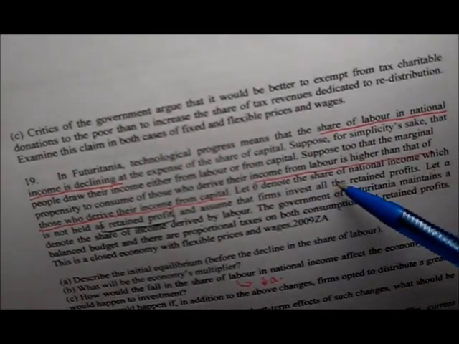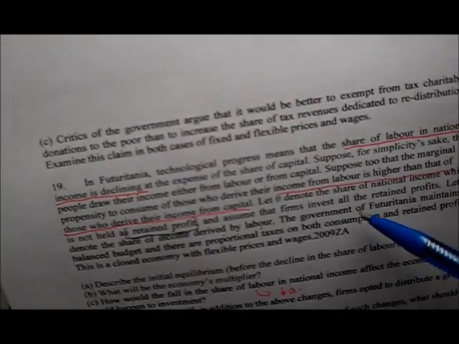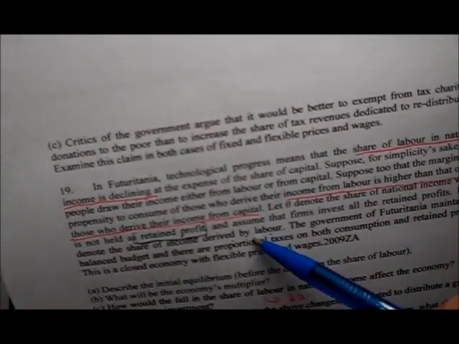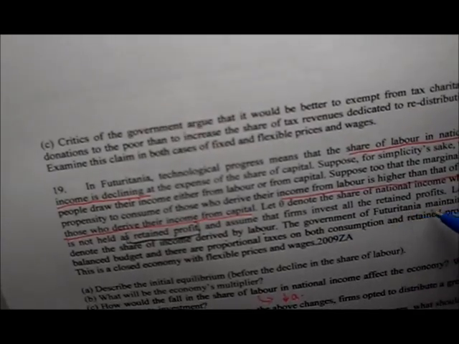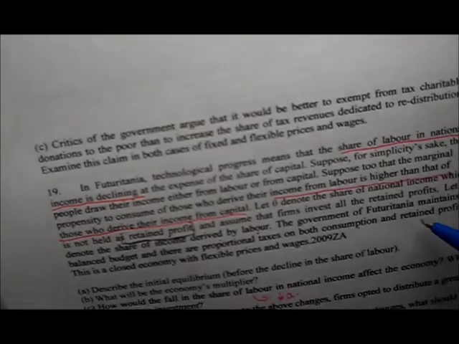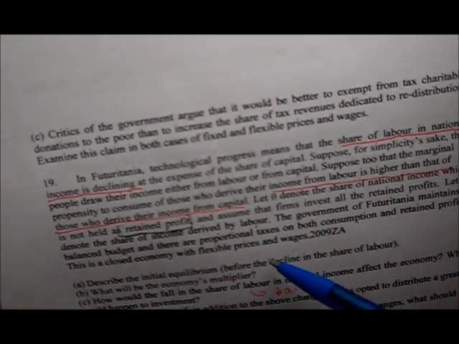Let theta denote the share of national income which is not held as retained profit, and assume that firms invest all the retained profits. Let alpha denote the share of the income derived by labor. The government maintains a balanced budget, and there are proportional taxes on both consumption and retained profits. This is a closed economy with flexible prices and wages. This question came out in the 2009 Zone A paper.